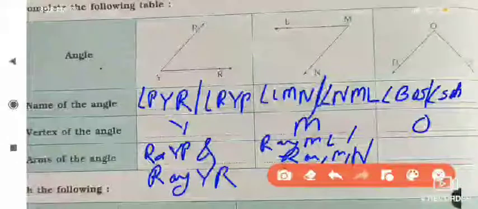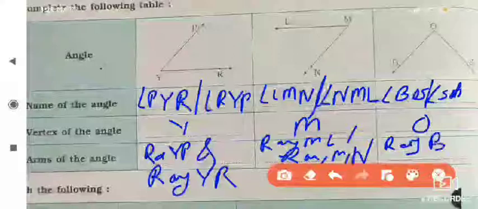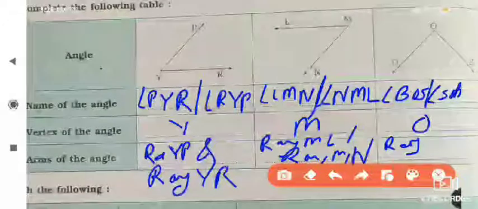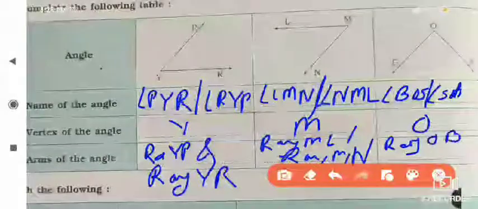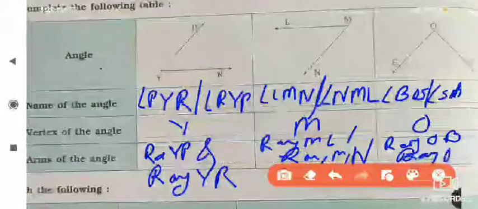You can write it here in that way. And for this figure, the arms are ray OB, or ray OS.